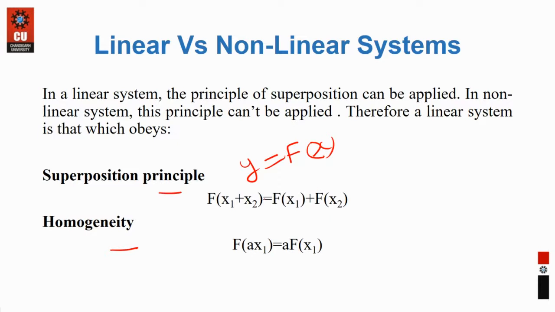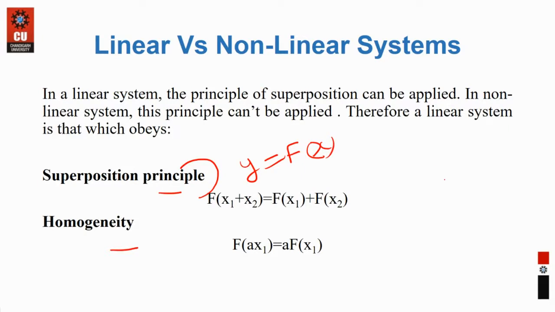So if superposition is applicable, and what is the superposition theorem? Let's say n number of inputs are applied to a system and you are collecting the output. If you apply each input separately and measure each output separately, and it is a linear system, the total output will be a combination of the individual outputs.